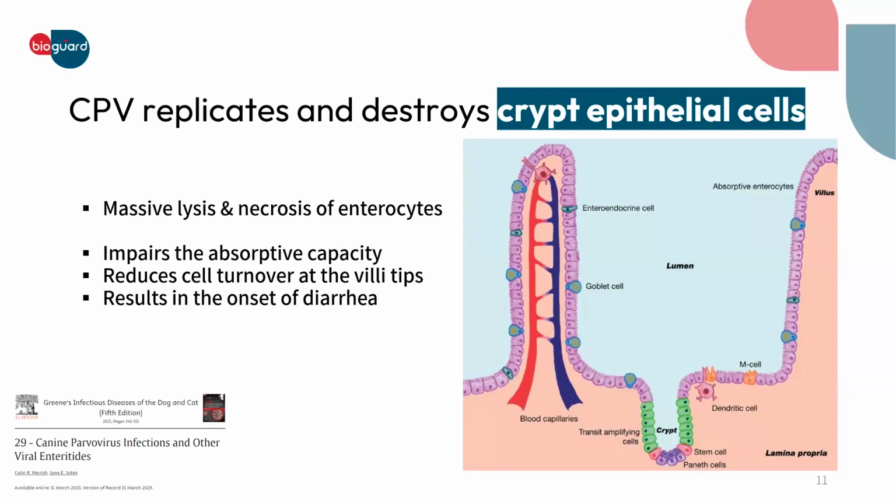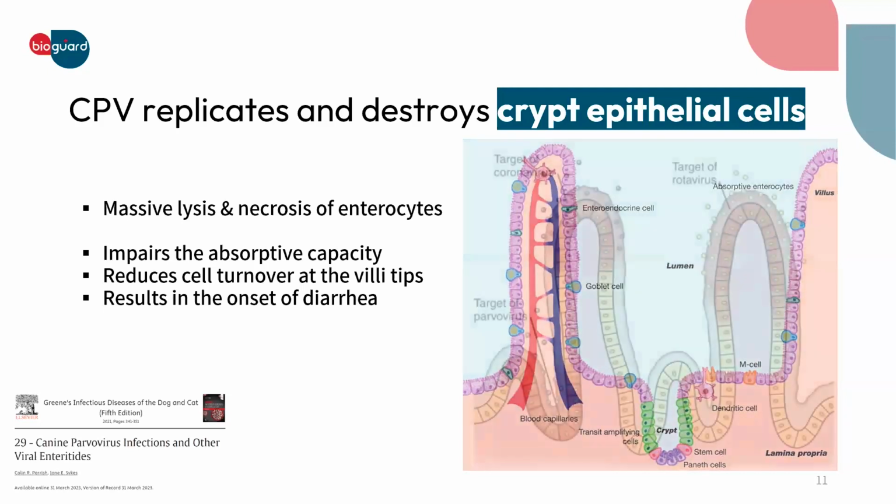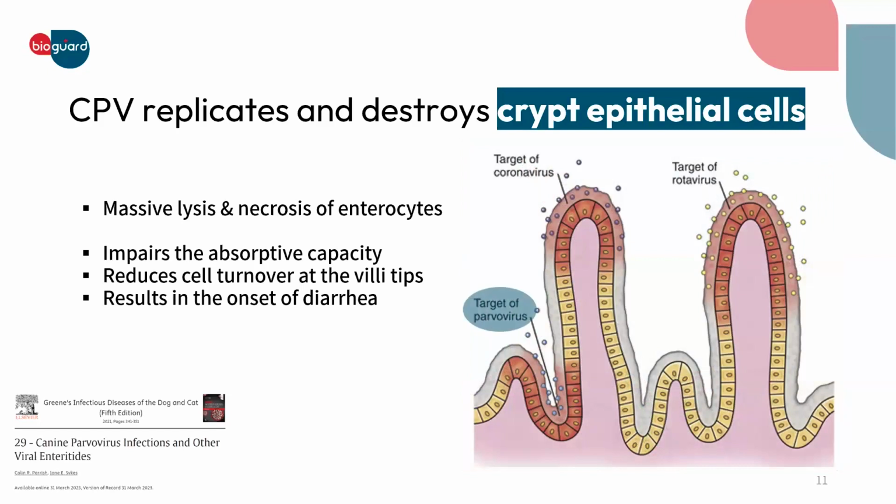So once the virus attacks the crypt area of the epithelial cells, it's very hard for the intestines to get fine after they get infected by the virus. That's the reason it leads to diarrheal infection.